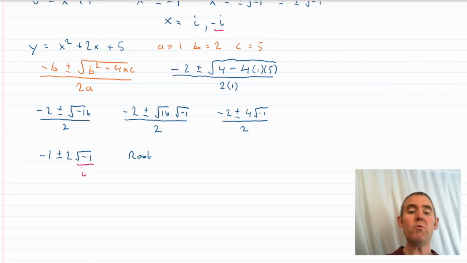So the two roots are minus 1 plus 2i, and the other root is minus 1 minus 2i. And what I want you to notice here is that this is a conjugate of this.